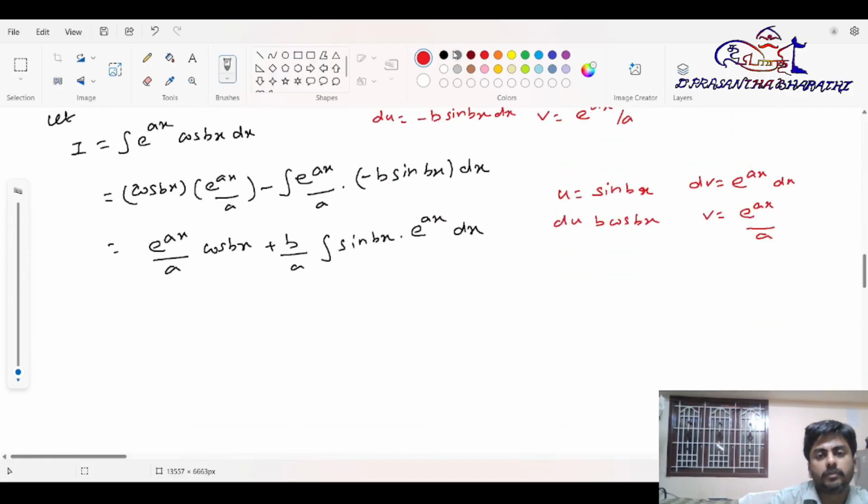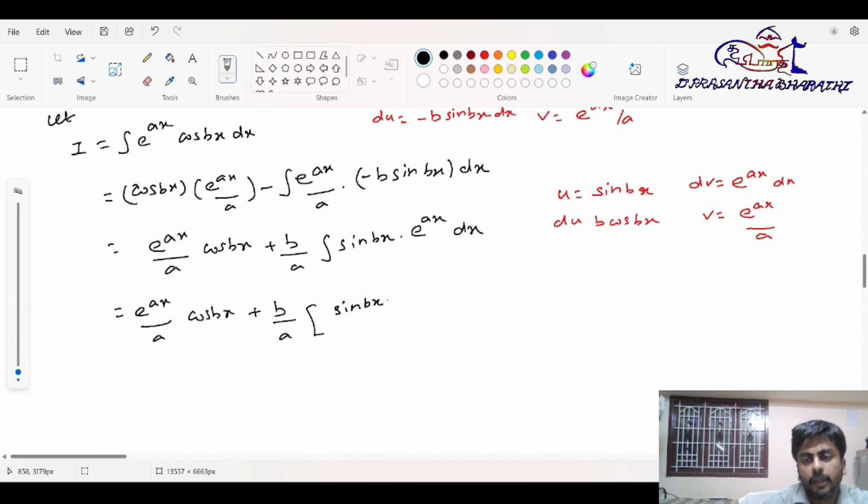Now here you are having e power ax by a into cos bx plus b by a into uv. uv means sin bx into e power ax by a, minus integral v du, e power ax by a into du, which is b cos bx dx.